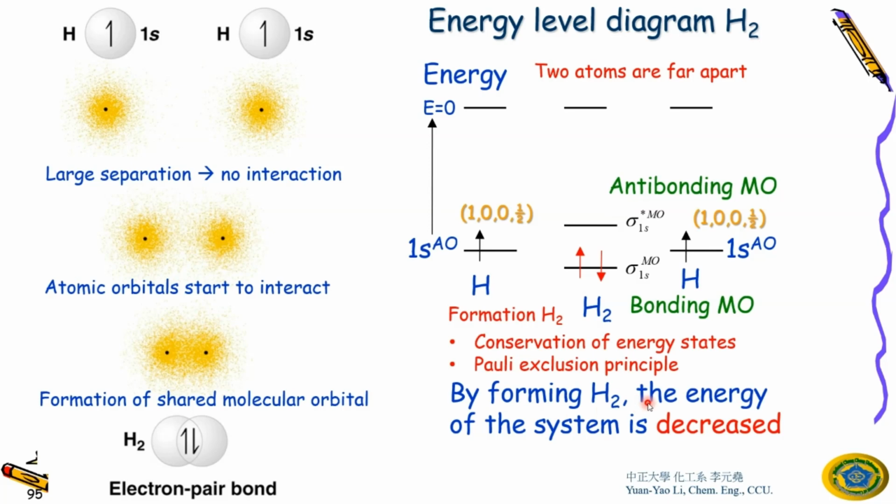By forming a hydrogen molecule, the energy of the system is decreased. The hydrogen atom's energy is here, but when you form a hydrogen molecule, the energy level is decreased. So which one is more stable, a hydrogen atom or a hydrogen molecule? The hydrogen molecule, right? Because the energy level is lower. That means the molecule is more stable.